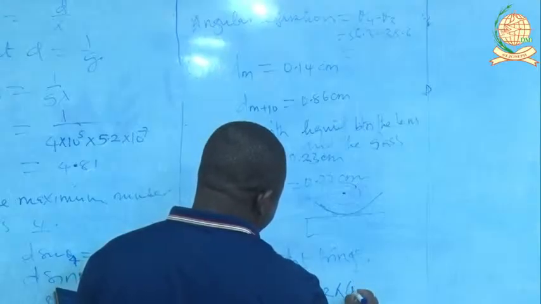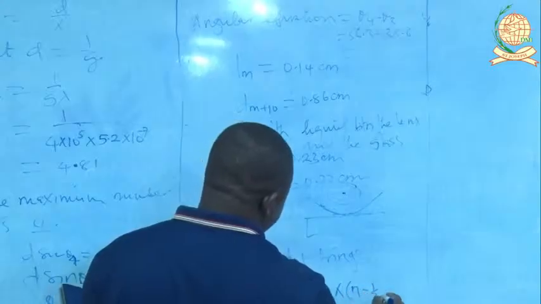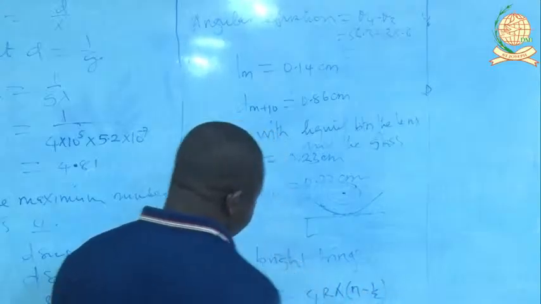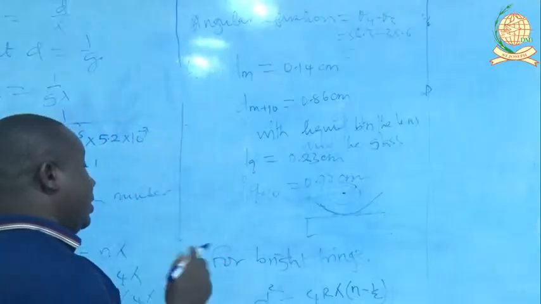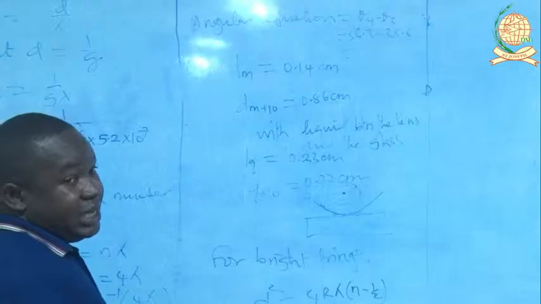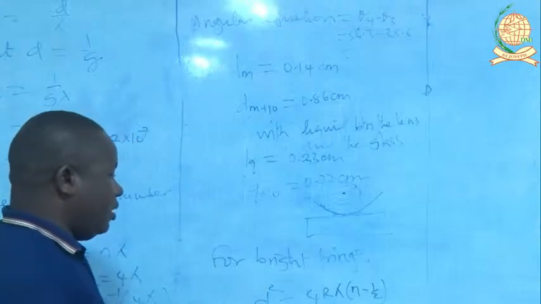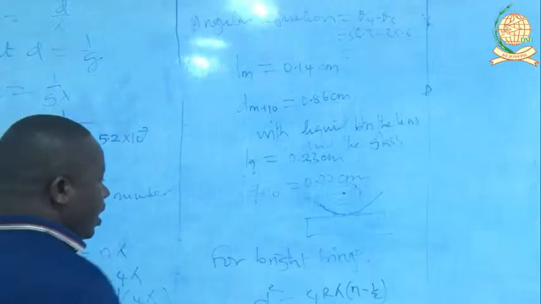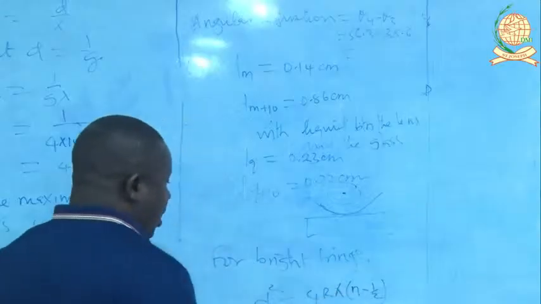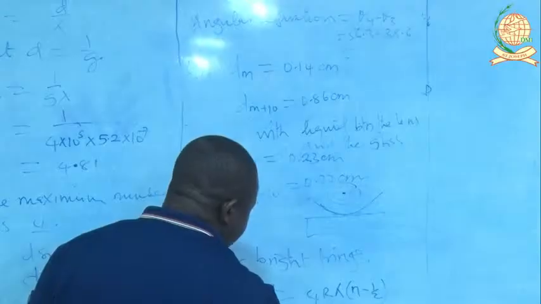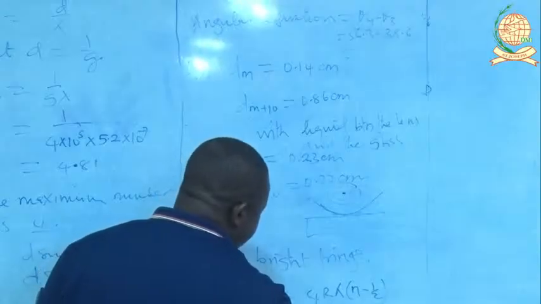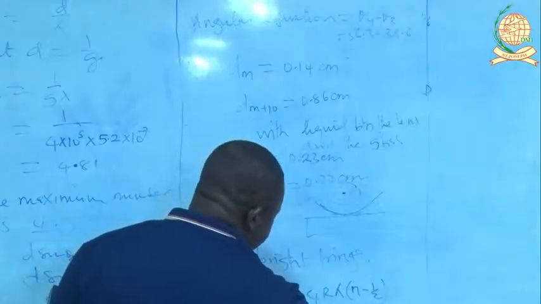You can write either n minus a half, or you can just write n plus a half if you are starting from 0. If you start from 1, that is the formula. So if you simplify, this will be 2r lambda bracket 2n minus 1.